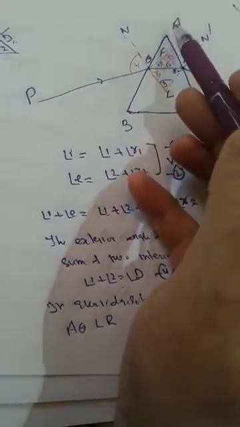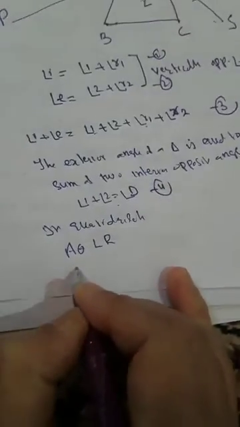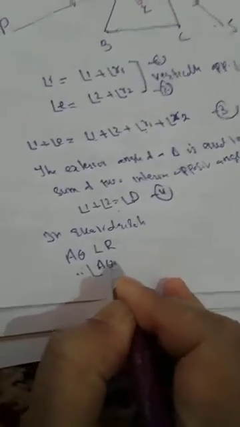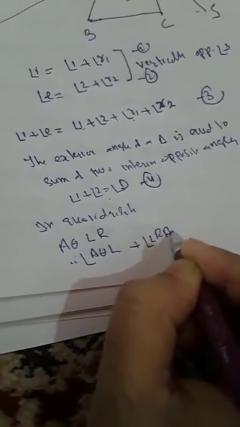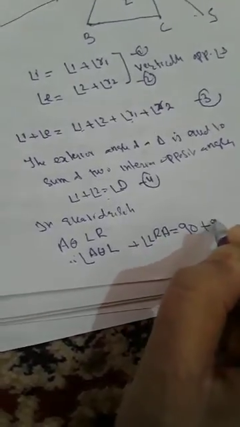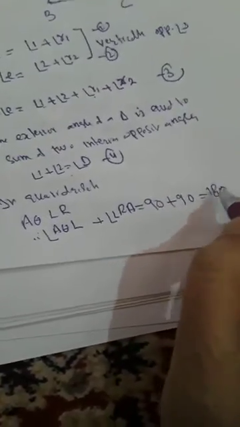Therefore angle AQL plus angle LRA is equal to 90 plus 90, that is equal to 180 degrees.